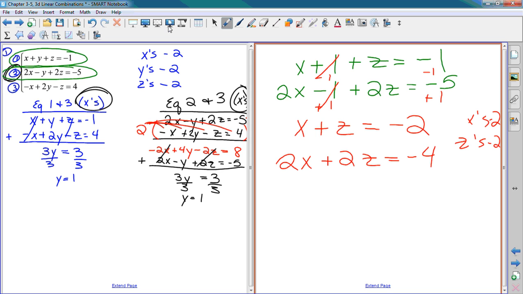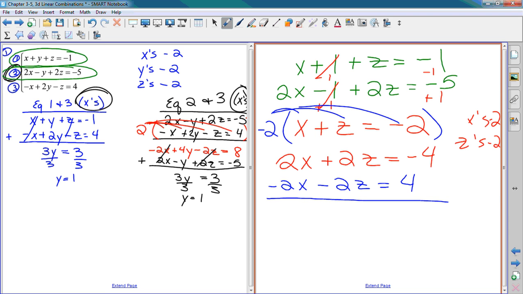Negative 2. Why negative 2? So that the x's cancel out. When I add, the x's cancel out. We're still eliminating x. So to distribute that, I'm going to get negative 2x minus 2z equals 4.